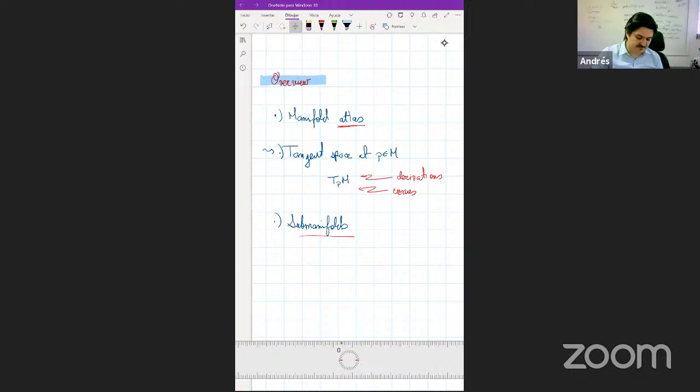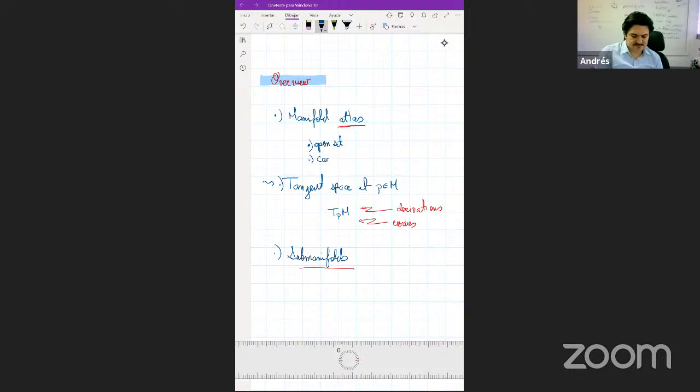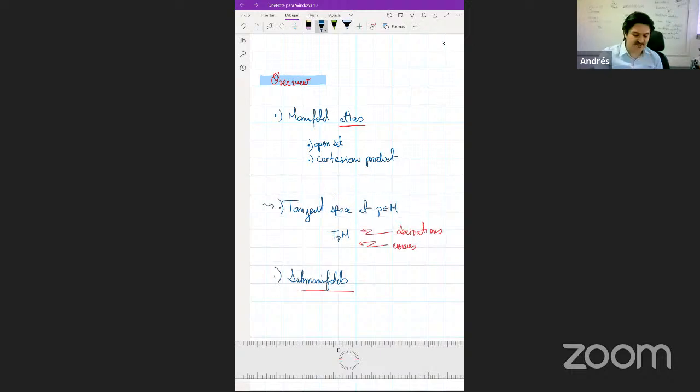Because basically what we covered at the beginning in terms of manifolds, we have open sets, the Cartesian product, and also we managed to construct new manifolds using the quotient.